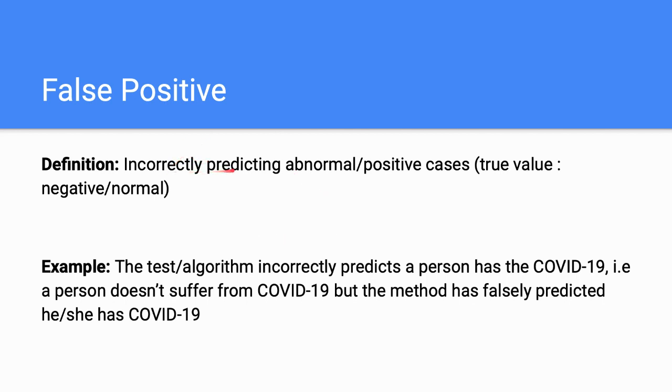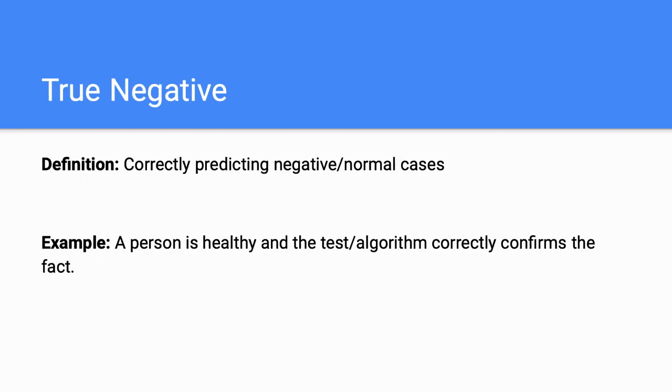False positive incorrectly predicts abnormal or positive cases, but the true value is negative or he is normal. Now, what is true negative? True negative is nothing but when a person is healthy and the algorithm confirms that he is healthy. That is correctly predicting negative or normal cases.